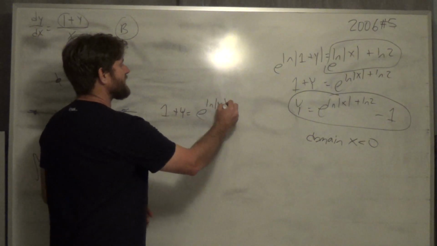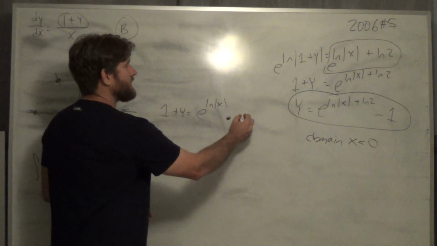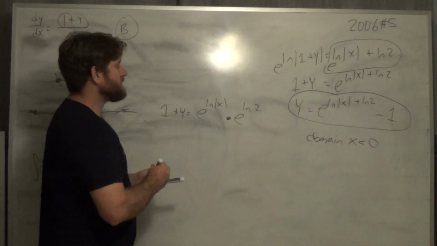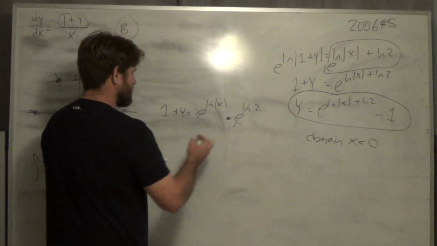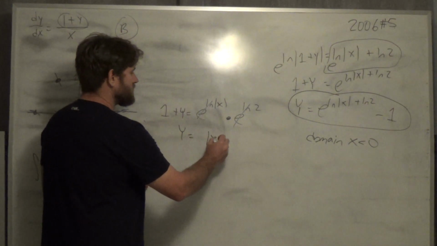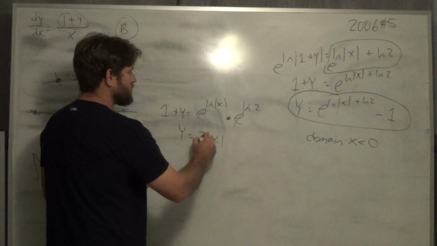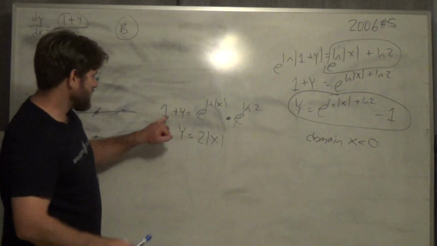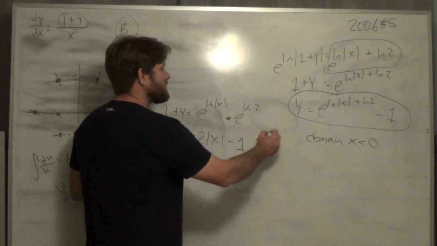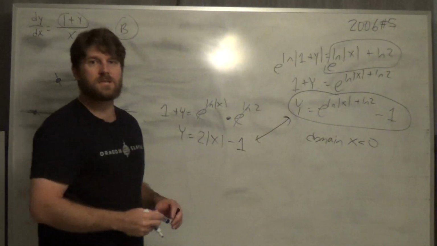E to the ln of x times, it becomes multiplication, e to the ln 2. And both of these get destroyed. And if they get destroyed, we're now left with the absolute value of x times 2, or 2 absolute values of x. And then the plus 1 subtracts to the other side. Now, these are actually the same equation. They just don't look the same.